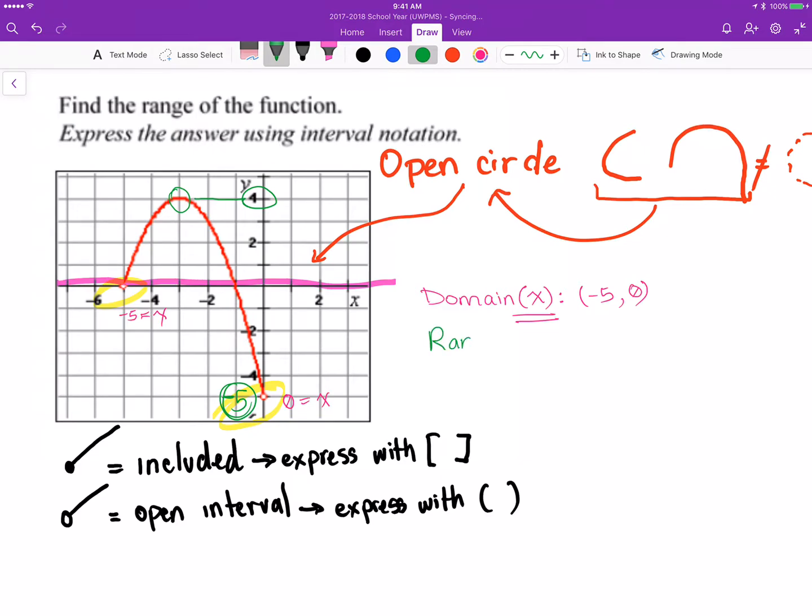So our range, our y values equal parentheses, bracket 4 because it's included. Again, look at here. It touches 4. Touches 4. Comma 0.